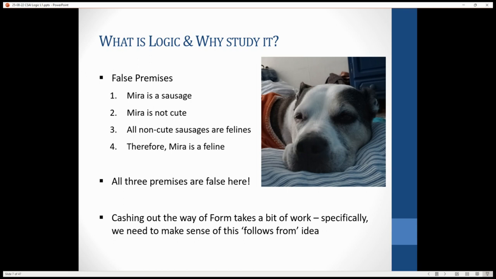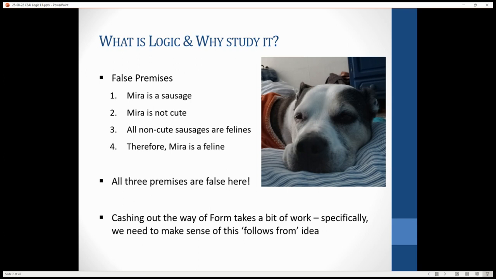If 1, 2, and 3 were true, it sure looks like 4 would be true. In fact, it looks like there's no way for us to accept 1, 2, and 3 as being true where we wouldn't also be forced to say 4 is true too. Do we see the idea?